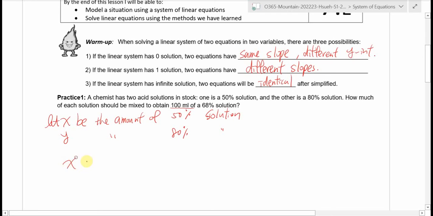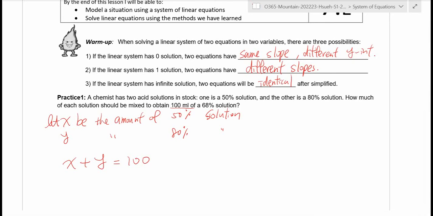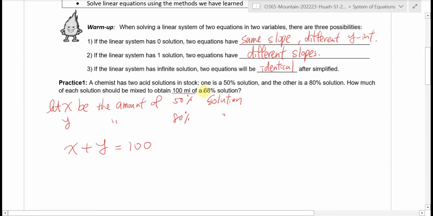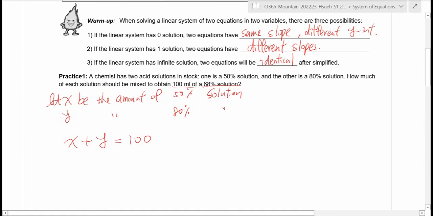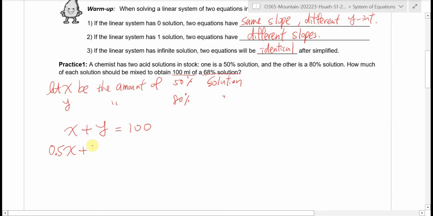Right away, I know that x plus y should equal 100, because we are mixing them together to get a total of 100 milliliters. Now in total, we want this solution to be 68%. That means I am using the purity of 50%, times the amount, plus the purity of the other solution, 0.8, times the amount of that.